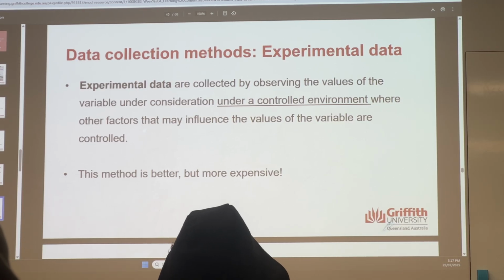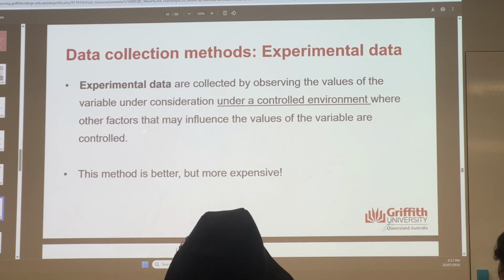For example, an exam. Suppose you announce that today is an exam, so I want to see how many students come. So that's a controlled environment.